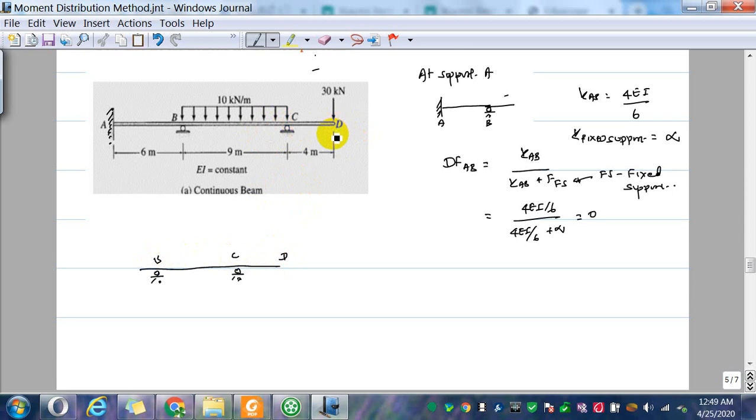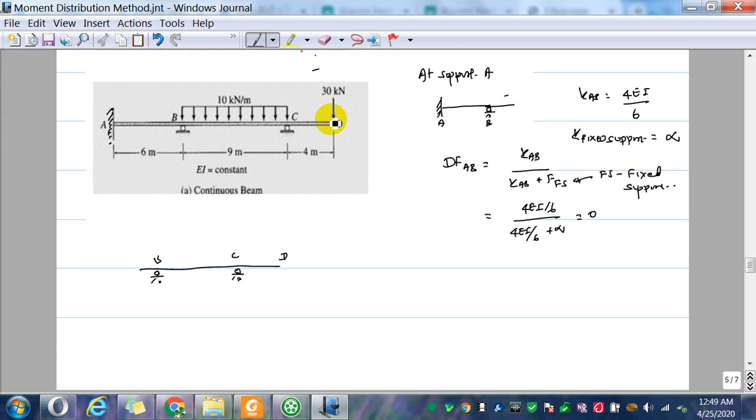Far end free means this has no stiffness against bending, because that component CD can freely rotate.